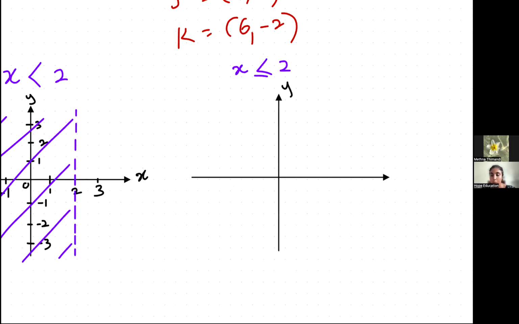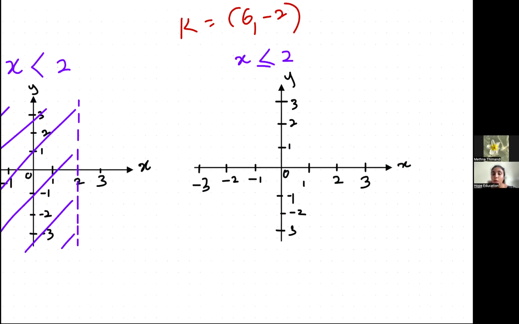Again, I'll mark a few points: 1, 2, 3, -1, -2, -3, 1, 2, 3, then -1, -2, -3. Now here, again, they say x is less than or equal to 2.